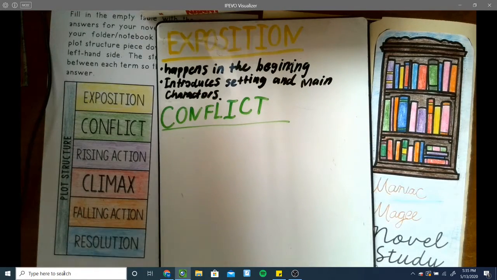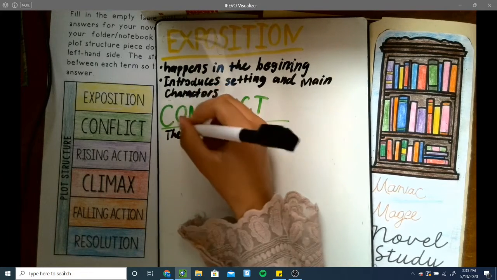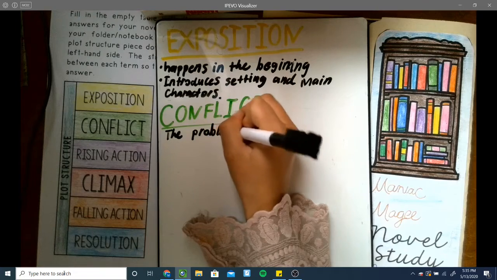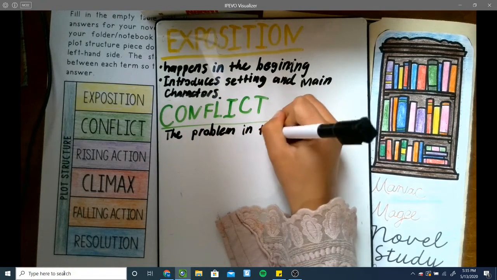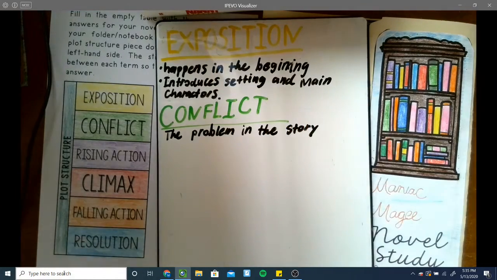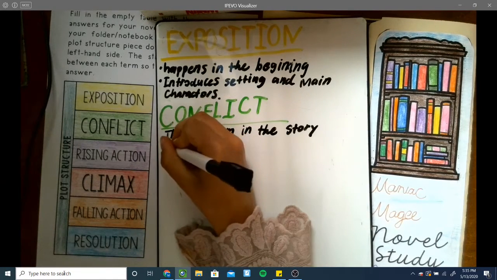It is the problem in the story. So really it happens right at the beginning. I'm going to say happens in the beginning also.